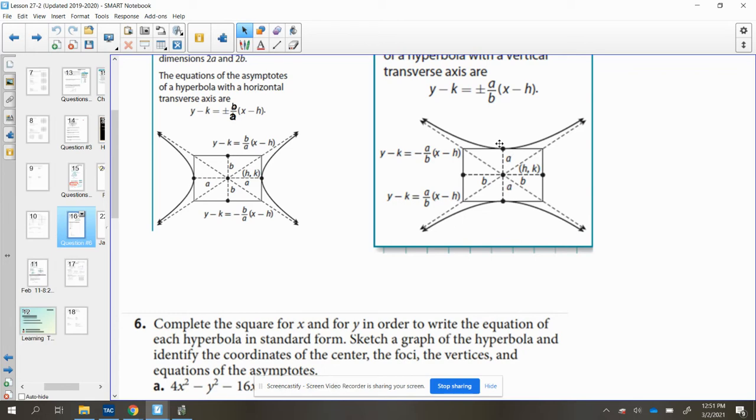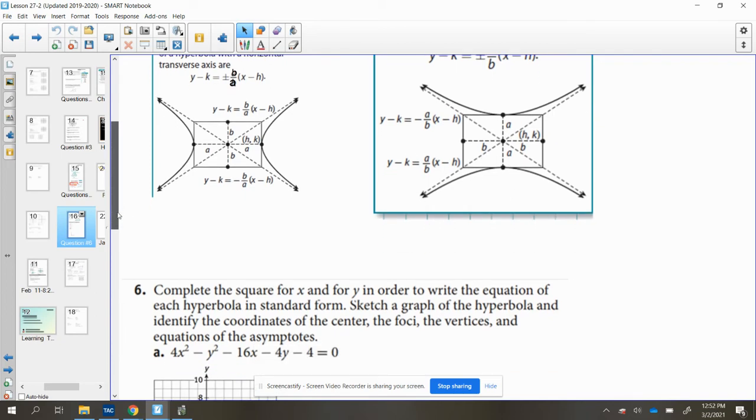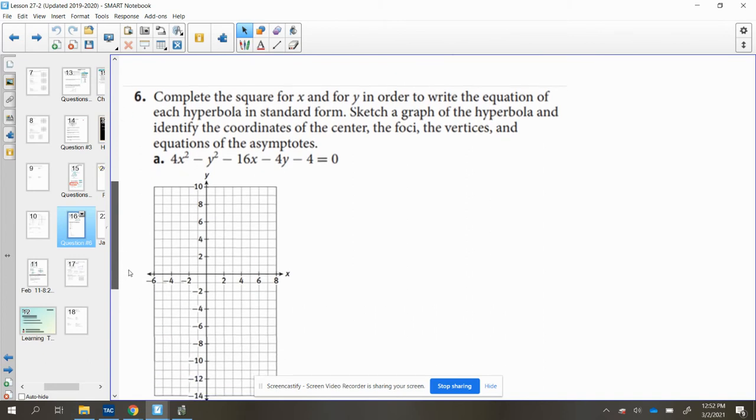This time you're rising A, running B to get those asymptotes that help us draw in our hyperbola.